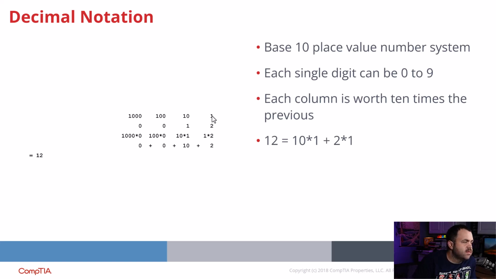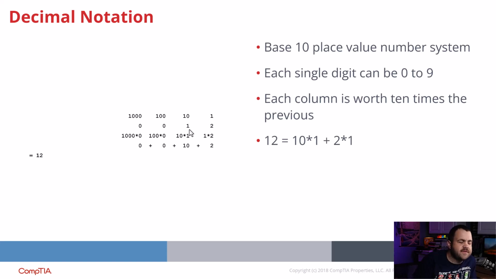As we're going through here, there are no 1000s, there are no 100s, there's a 1 in the 10s place, and there are two 1s. So 1 times 10 is 10, plus 2 is 12. Okay, so breaking it down, each column is worth 10 times the one before it. Now you might be thinking, TJ, why are you overcomplicating this? I mean, we know how numbers work, right?